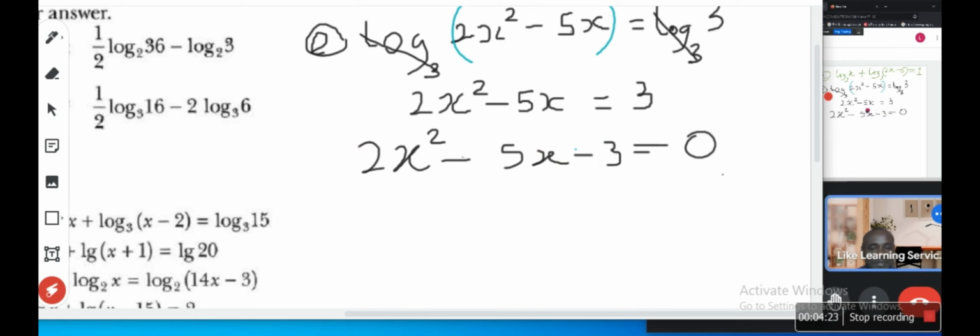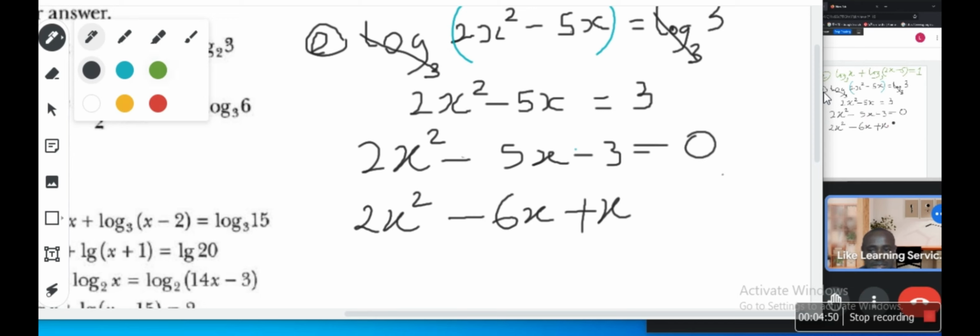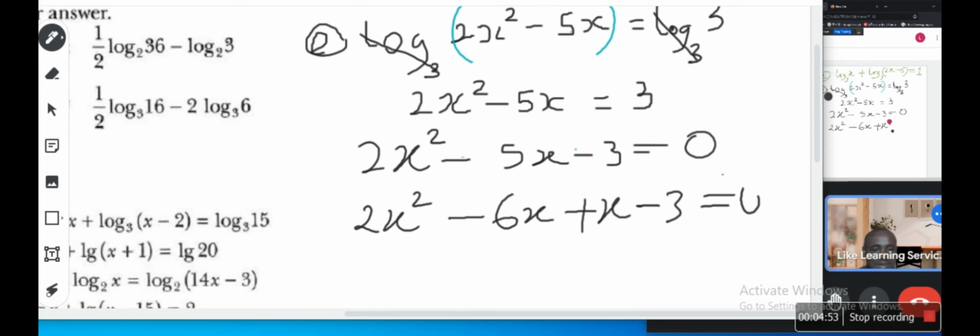When you add, you will get minus 5, and when you multiply, you get minus 6. It will be minus 6 and plus 1, or plus x. When you multiply them, you will get minus 6. When you add them, you will get minus 5.